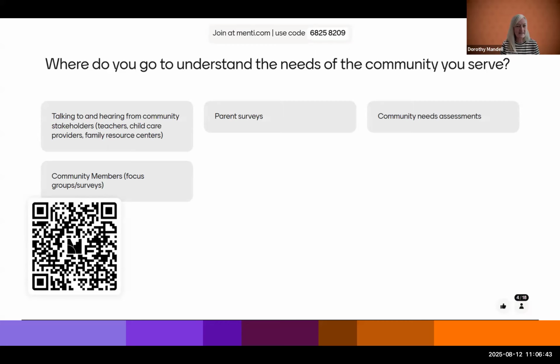Community needs assessments, that is also a great place to go and look. Somebody else, especially your hospital districts, have already done big, huge needs assessments. They have to do them. And so going and looking at your hospital district's needs assessments. Any other ideas, thoughts, sources of data that you use?